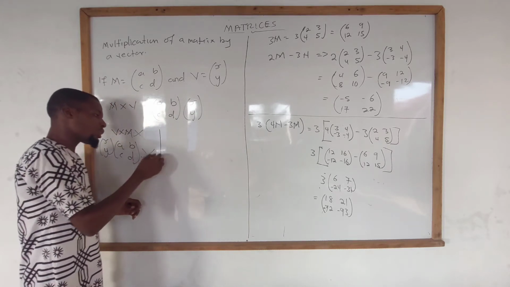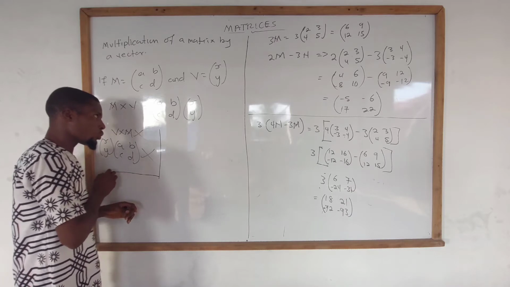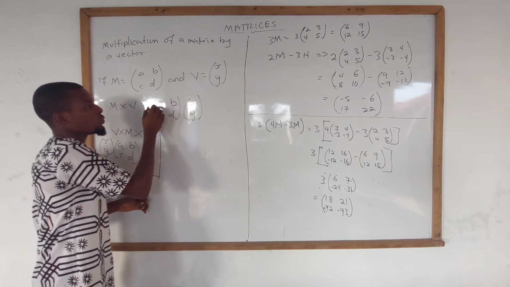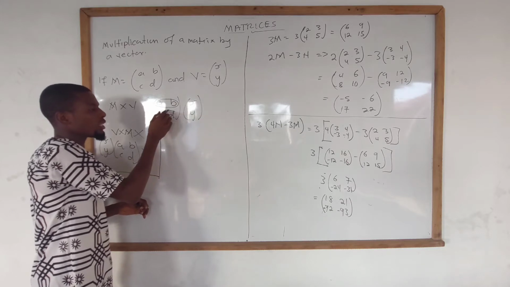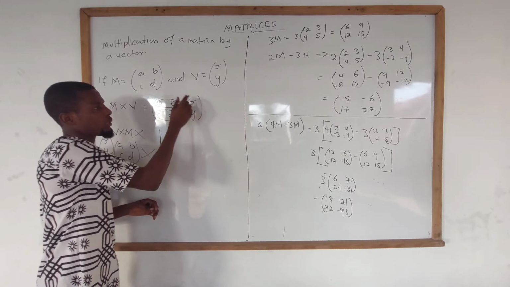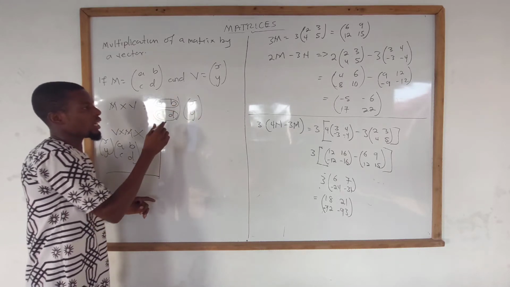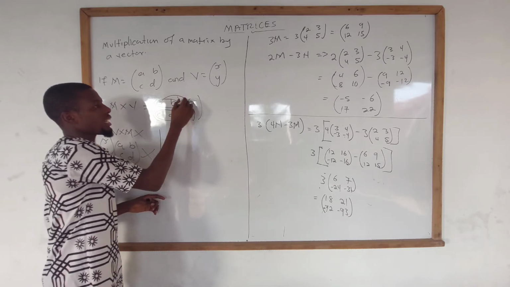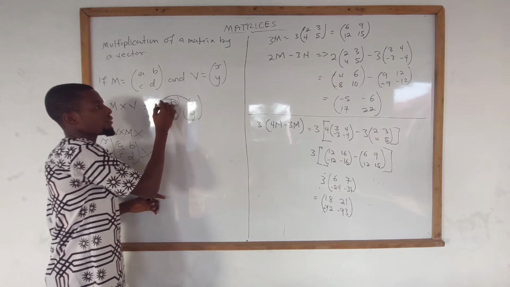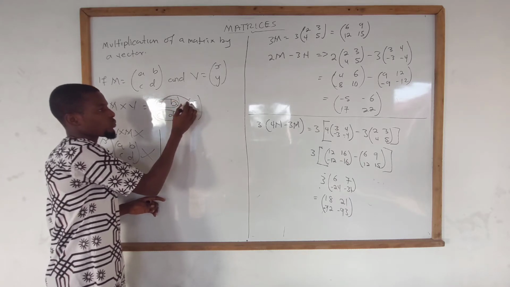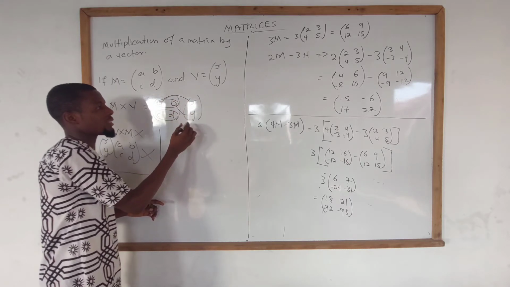Now in multiplying this one, look at the approach, how it goes. You take the first row and use it to multiply the column. Then you take the second row and use it to multiply the same column, right? In doing that, it is this times this plus this times that. First one times first one plus second one times second one.